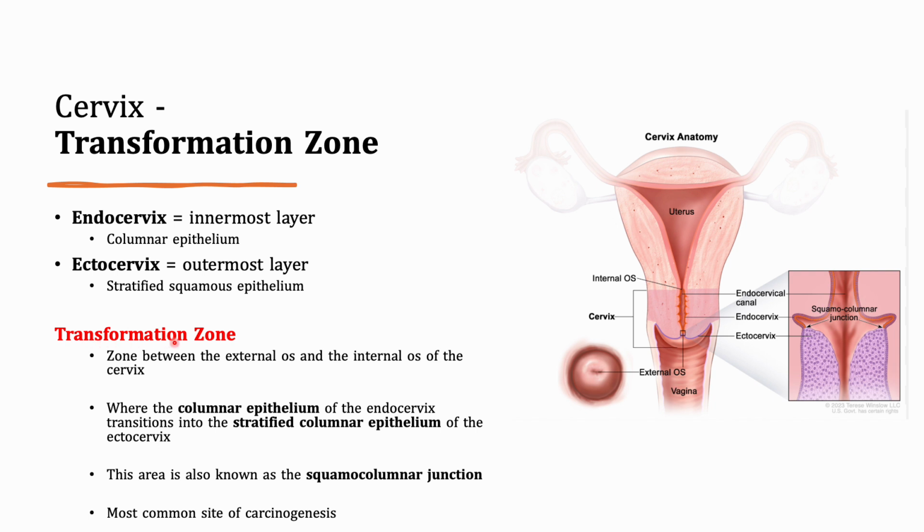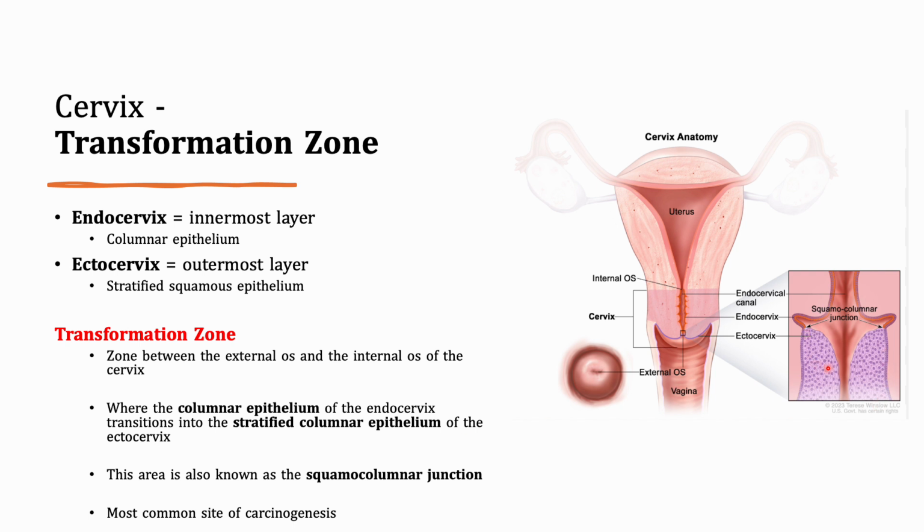So the transformation zone, it's in red, it's super important, is the zone located between the external os and the internal os of the cervix. So kind of in that endocervical canal. This transformation zone is where the columnar epithelium of the endocervix, the inside-most layer, transitions into the stratified squamous epithelium of the ectocervix, or the outside.